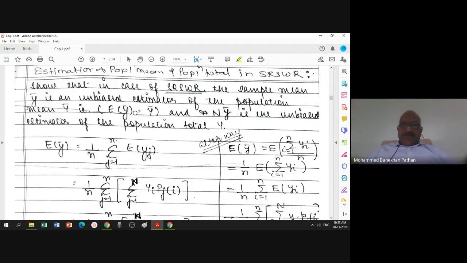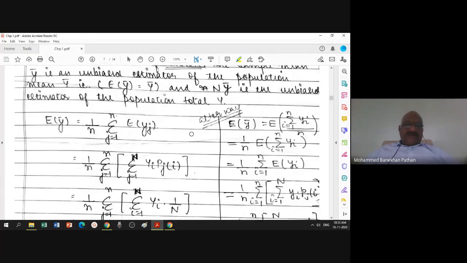If I am able to prove this, I can take the sample mean as a prediction of the population mean. N multiplied by the sample mean is taken as an unbiased estimator of the population total, capital Y. Let us see the proof of this.